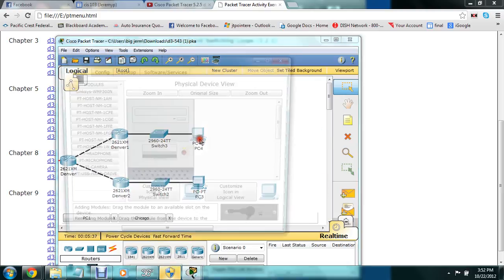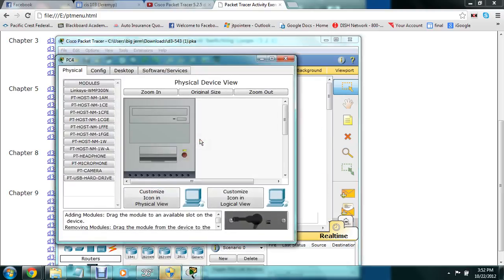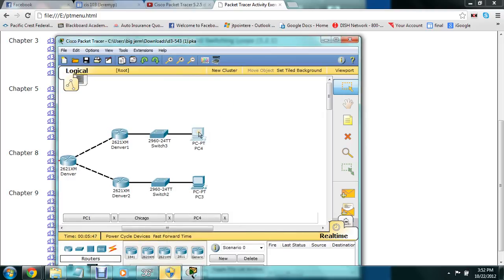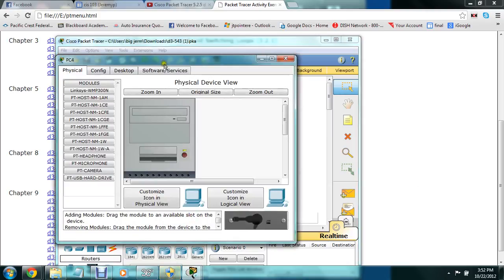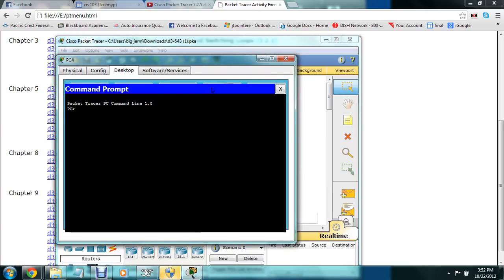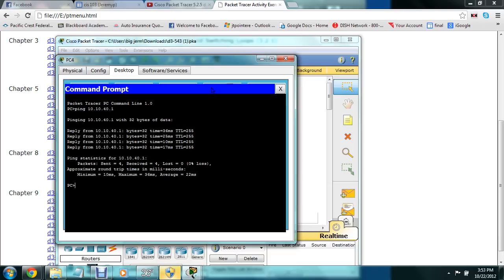PC4. And we're going to do the same thing, just ping our gateway, which is 10.10.40.1. And those are reaching just fine.